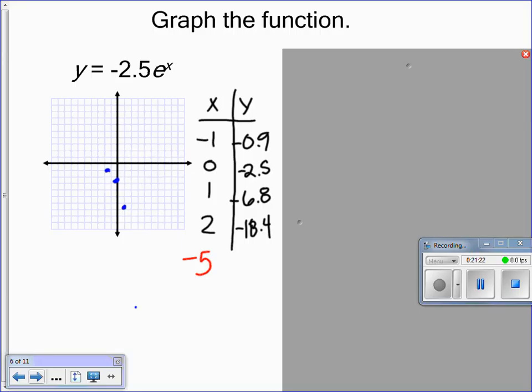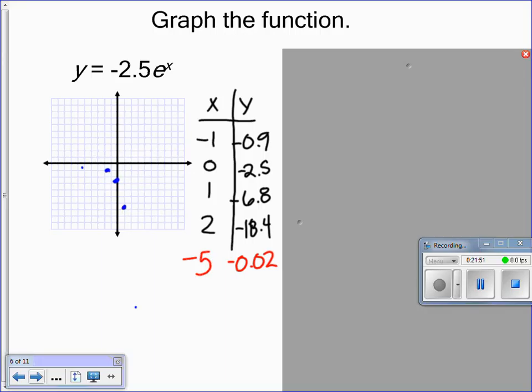Can you guys type that into your calculator for me real quick? What is negative 2.5 e to the negative 5? Oh, negative 0.016. I'm going to say negative 0.02. That number is very small, right? It's almost 0. So when I'm at negative 5, I'm super close to the x-axis.